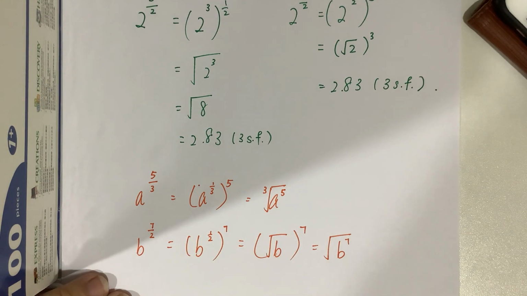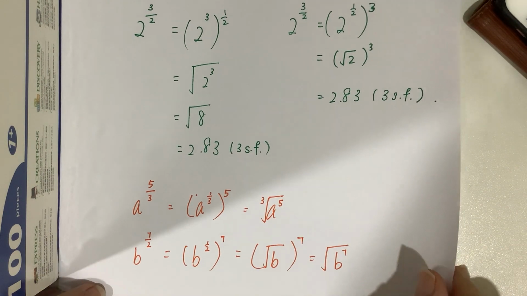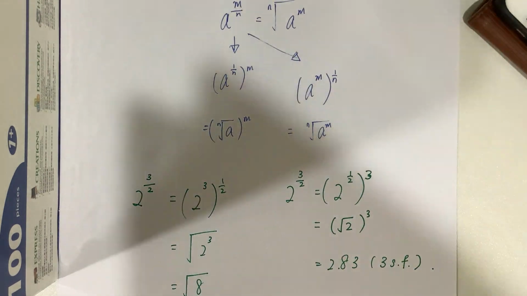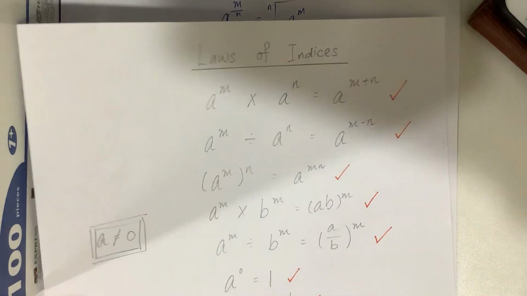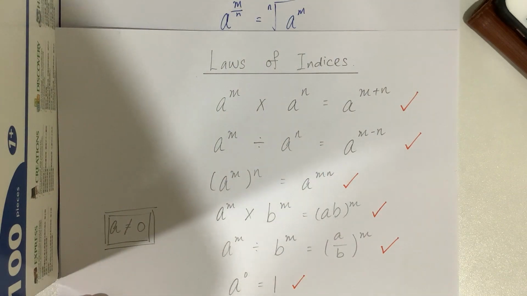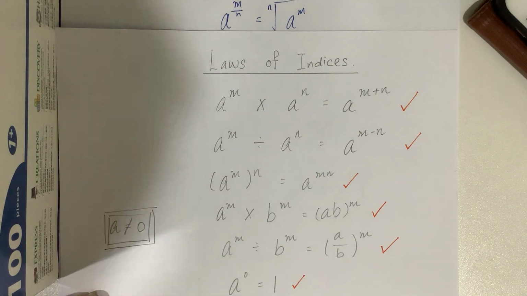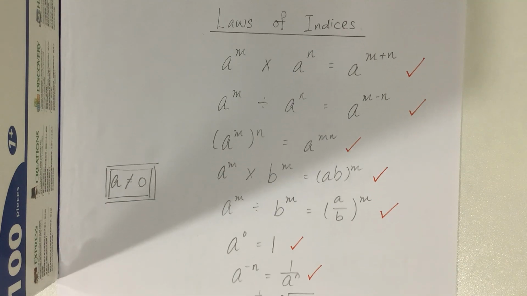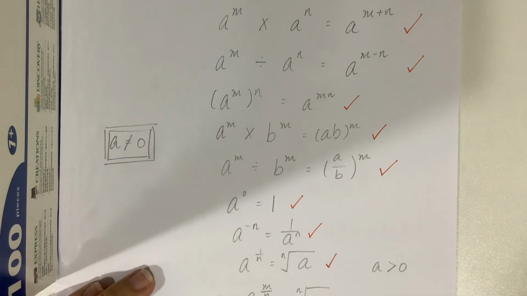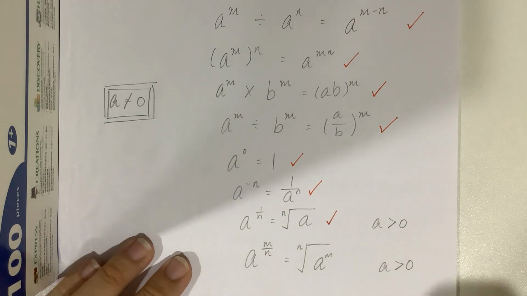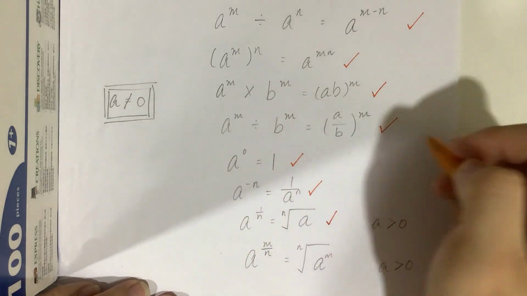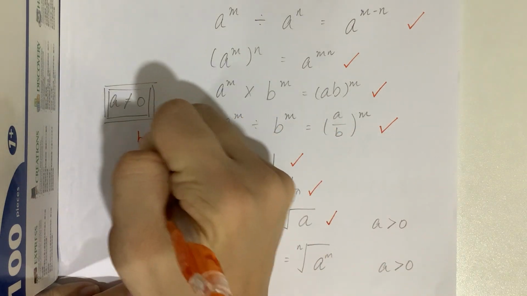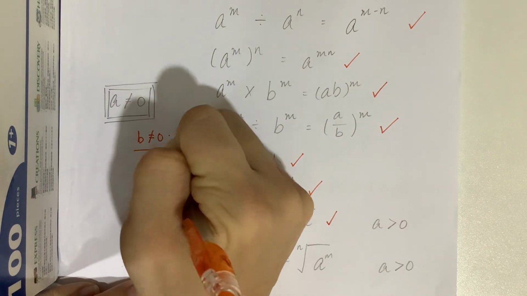So that's all about the law of indices. We have covered everything from the basic form of a to the power m all the way to this. One thing I want to highlight is, take note, in this case b cannot be equal to 0.